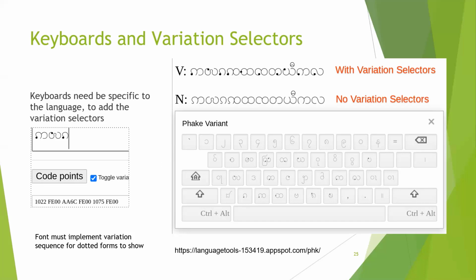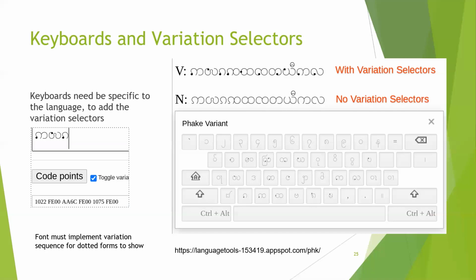The little keyboard symbol here is actually something from a website that I use to build this prototype keyboard, and you can see the dotted forms in the keycaps there. Each of those characters needs to be typed with a Phake keyboard that puts variation sequences in it. And below the code points on the left, you can actually see that each of the regular Myanmar script characters is followed by FE00.